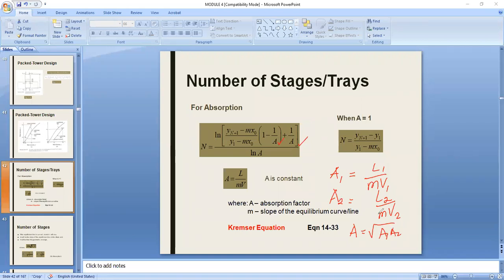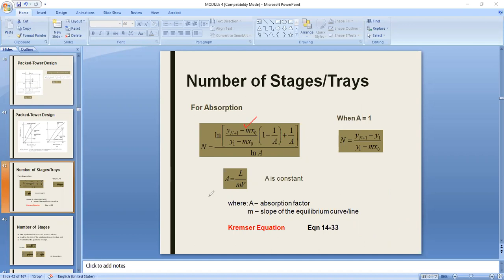If not, then use whatever is the corresponding answer when you get the mean of the absorption factor at the tower bottom and top. Okay, so that's it in the case of finding the A. This one is the slope of the dilute end. This one is the mean absorption factor.